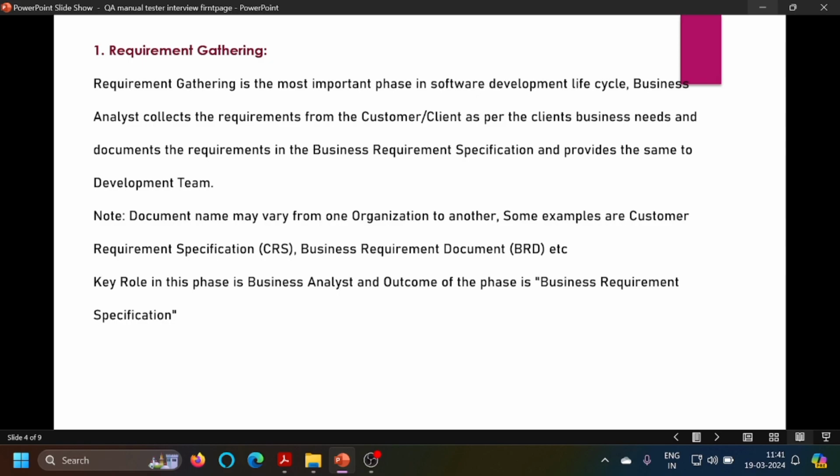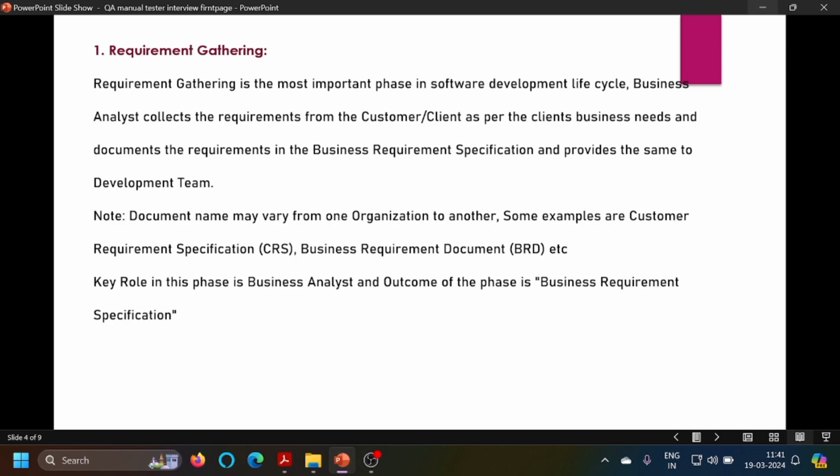Okay, requirement gathering is basically the most important phase in software development life cycle. Business analysts collect a requirement from the customer or client as per the client business need and document the requirement in the business requirement specification, means BRS, and provide the same to the development team.